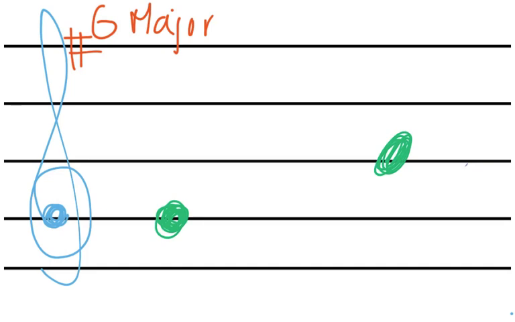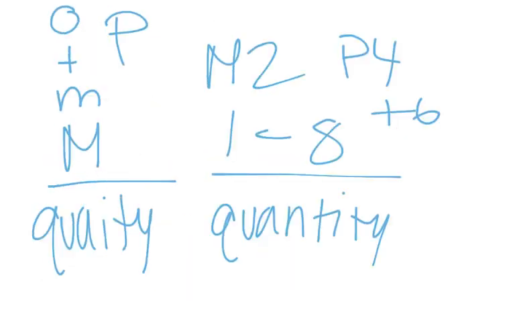Now let's say that instead of this just being a B, let's say it's a B flat. Originally, we already determined that it was a major third. However, it has a flat on top, which is making the top note more narrow.